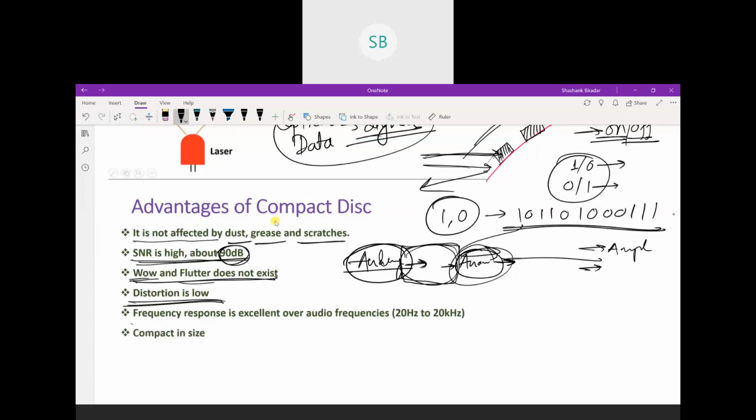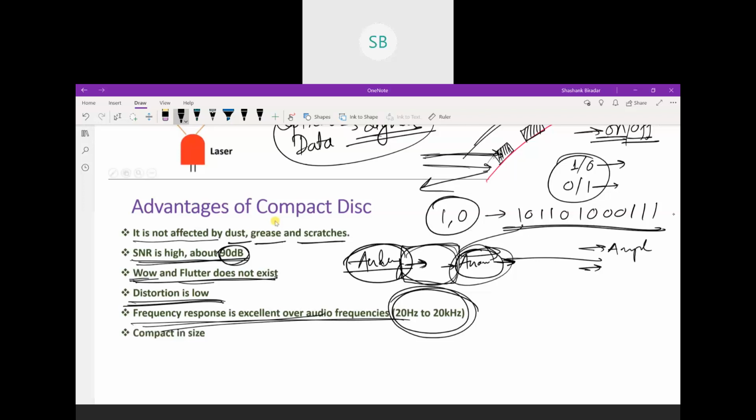The frequency response is excellent over audio frequencies. When you convert most signals to digital, your headache becomes much less, because most of the time we need not worry about the hardware requirements and so on.